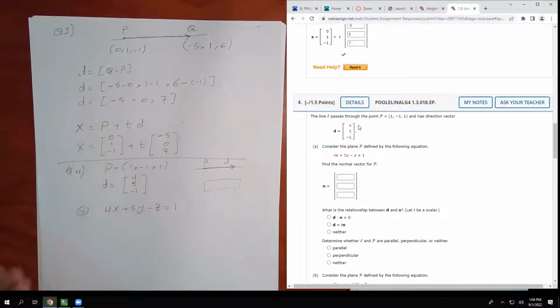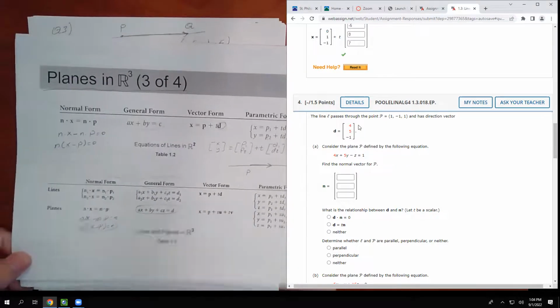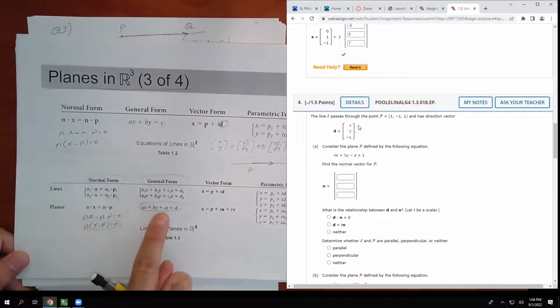Here's the information for the line. For the plane, I have the general form. Can I find the normal vector from the general form? Let's go back to the slides. Here is a plane. This is the general form.